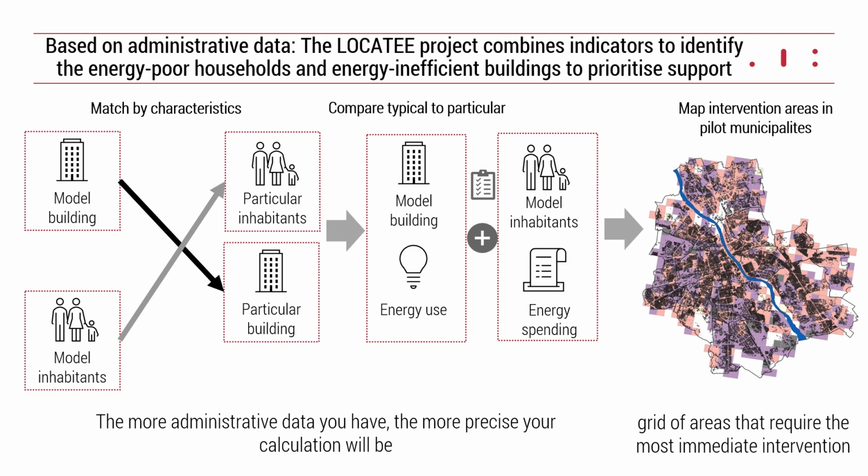With the help of administration, we will map those areas where those buildings and people are particularly present, and we want to construct a grid of areas that require the most immediate intervention, and this will be the task of the administration to check on the ground if it's actually the case.